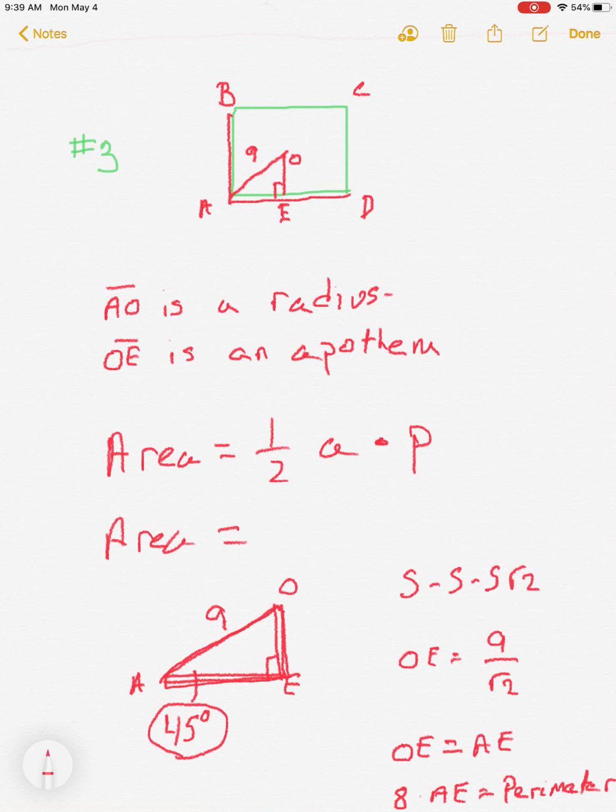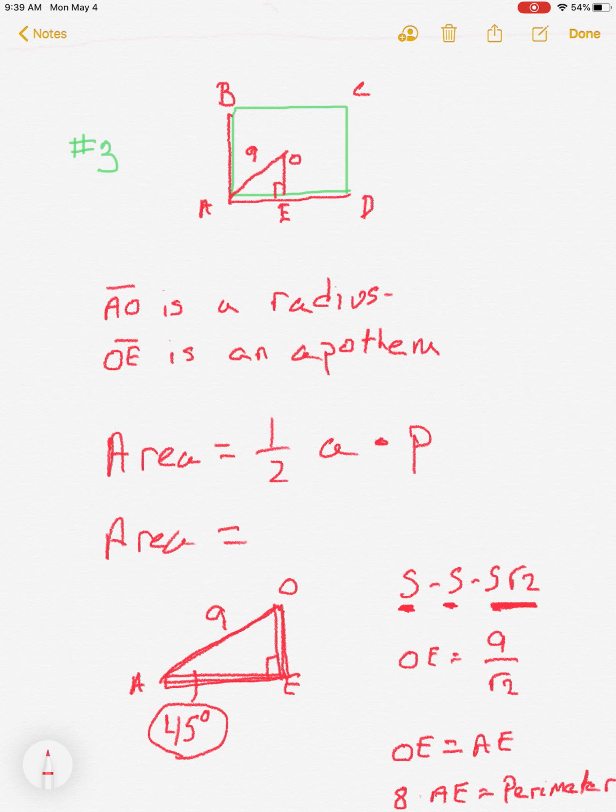And I want to remind you that in a 45, 45, 90, the sides are in the relationship S, S, S root of 2. Basically, S root of 2 is 1.4 times S. So the side across from each 45 is S units long, and the hypotenuse is 1.4 times either side.